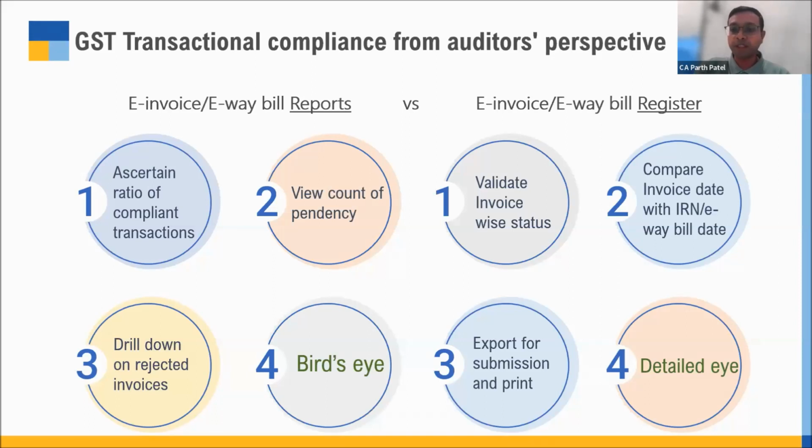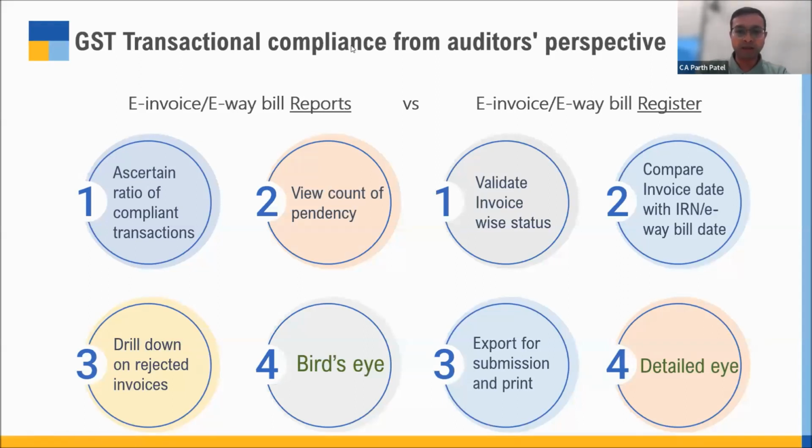You can also compare the invoice date with IRN date. You can also export this report as a part of evidence so that you can refer to this in the future and ensure that you have seen this compliance, which is transactional in nature, and it doesn't get changed in the future. So register is nothing but a detail view.